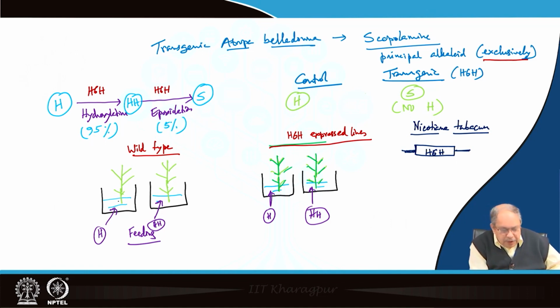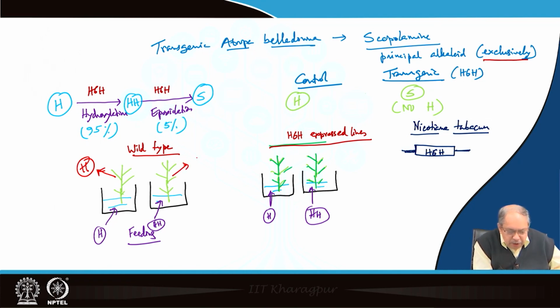Now, this is a wild type plant, which means there is no gene here. If you feed hyoscyamine, what is going to happen? The plant will absorb hyoscyamine, and after a period of incubation, upon analysis you will find only hyoscyamine.